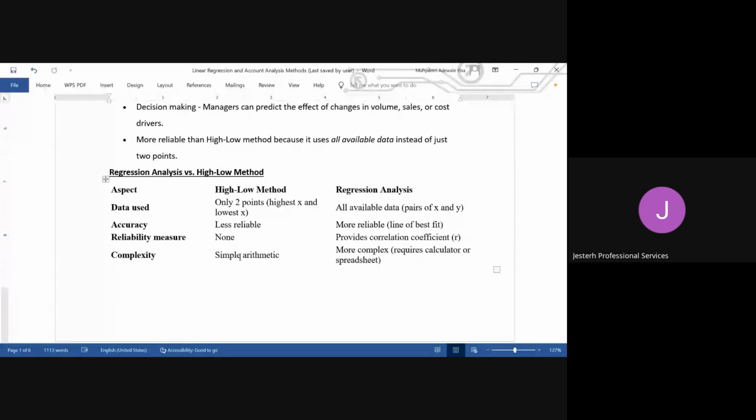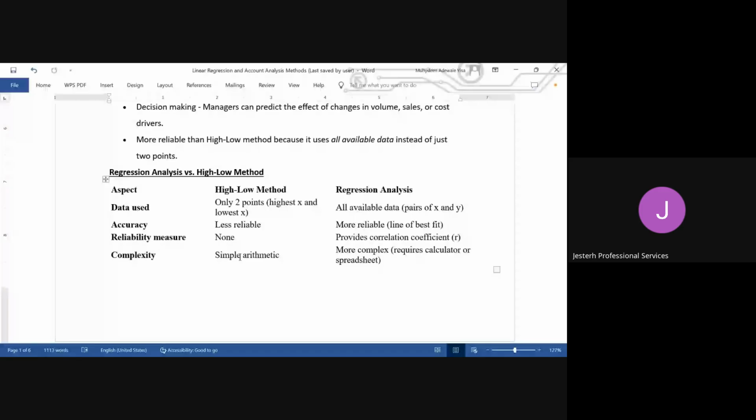The reliability measure in the high and low method is very, very low, while regression provides the correlation coefficient. The complexity: the high and low method is very, very simple because we only use 2 points.